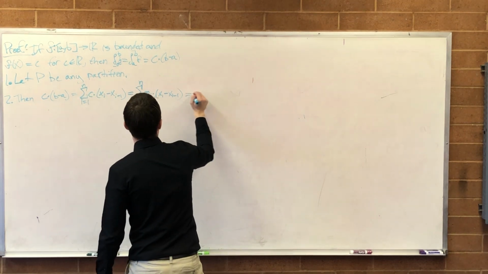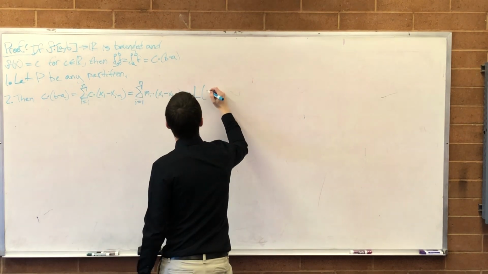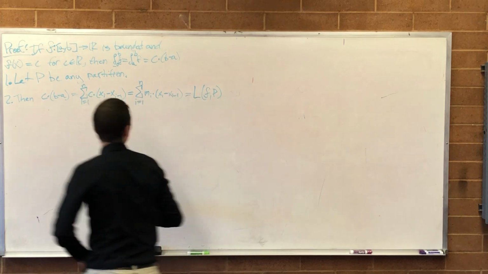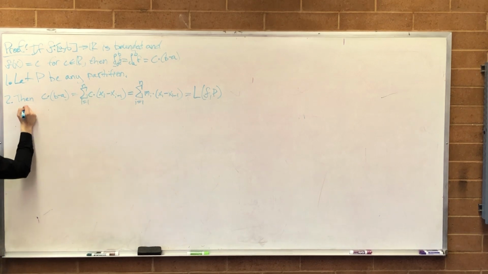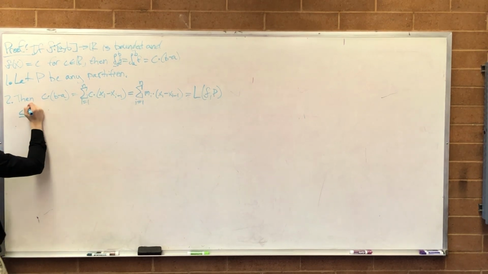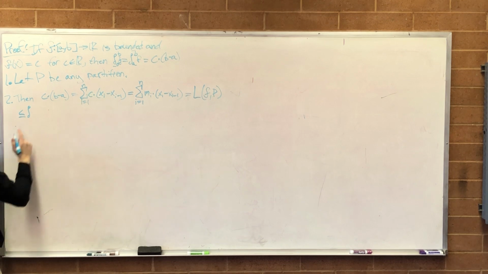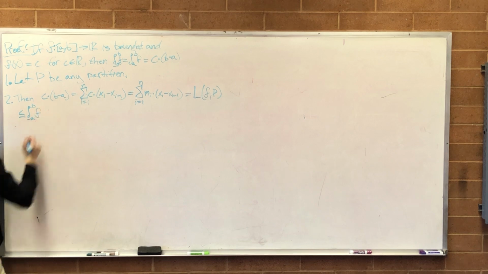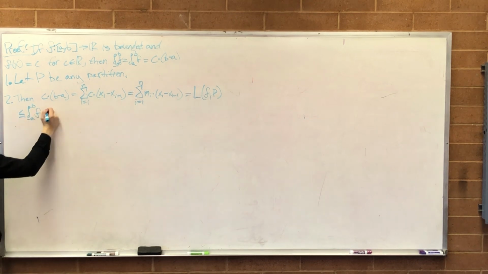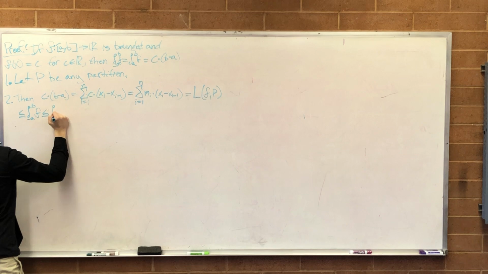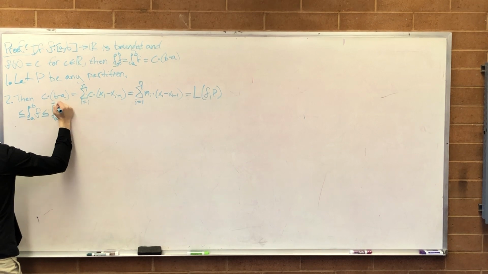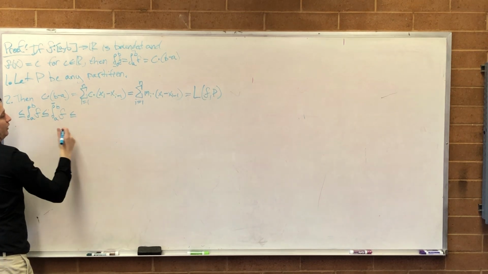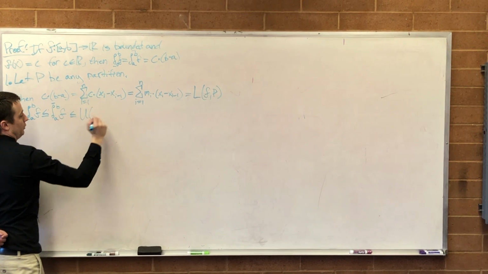And this is exactly what we mean by the lower Darboux sum of f with P, which we now know by definition is less than or equal to the supremum of our lower Darboux sums, so our lower integral from a to b of f, which we proved in our previous theorem is less than or equal to the upper integral of f, which we now know is less than or equal to the upper Darboux sum on it.